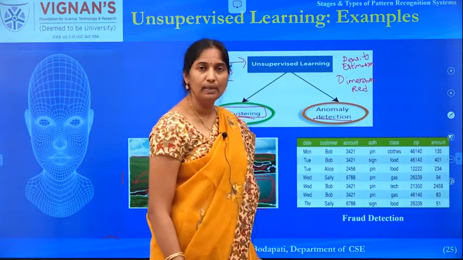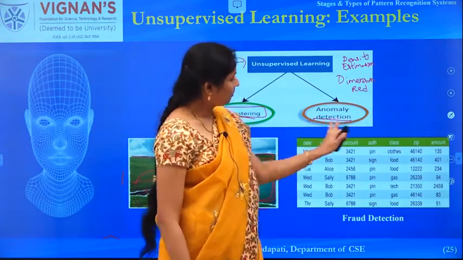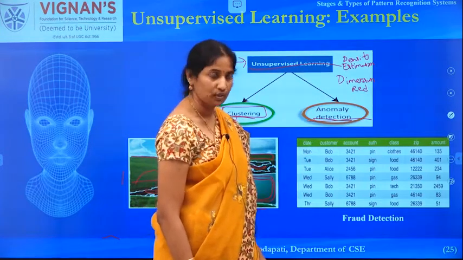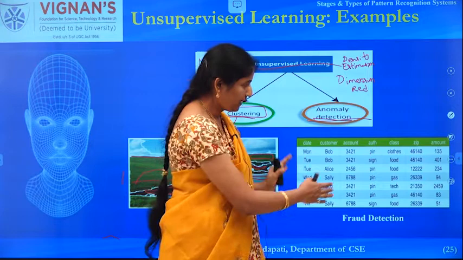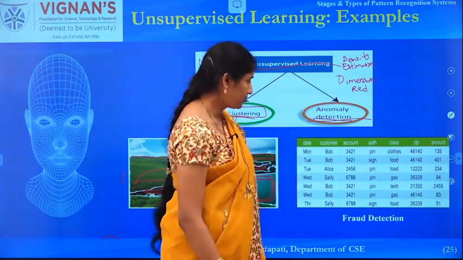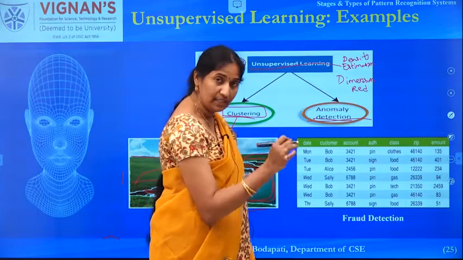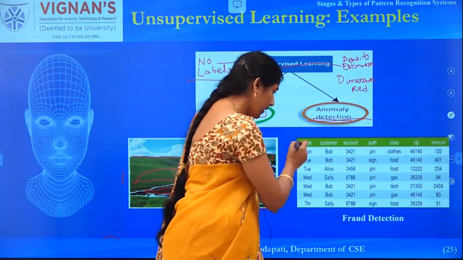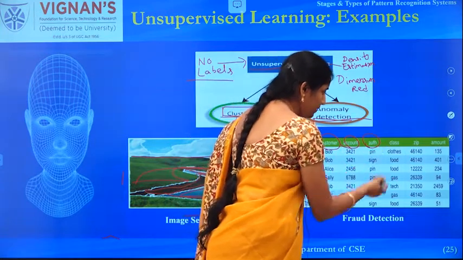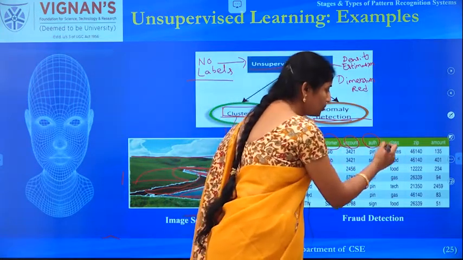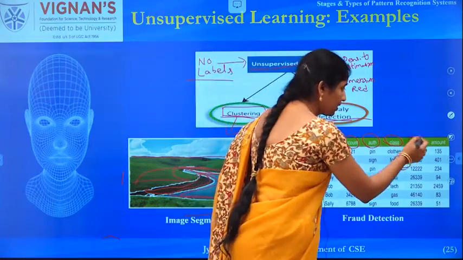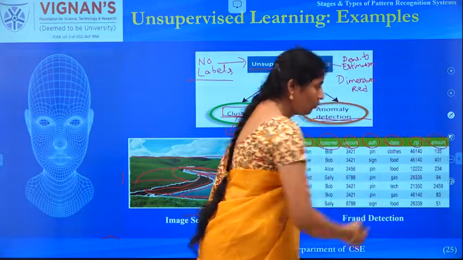Now consider anomaly detection. The second type of task that comes under unsupervised learning is anomaly detection. I have provided a set of bank transactions. I am just providing the data, and again, there are no labels. The data are date, customer, account, the type of authorization used, the product he is buying, the zip, which is the location, and the amount.